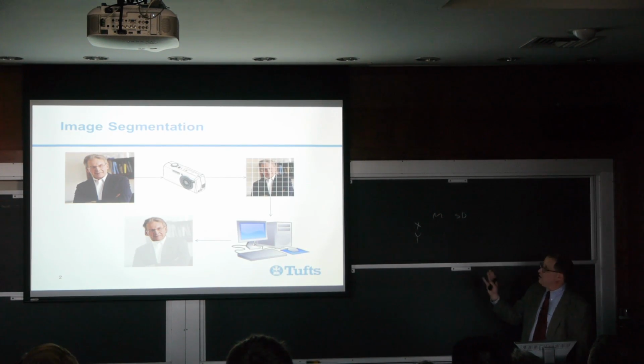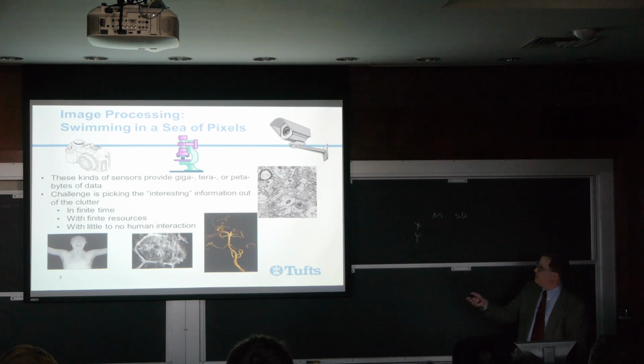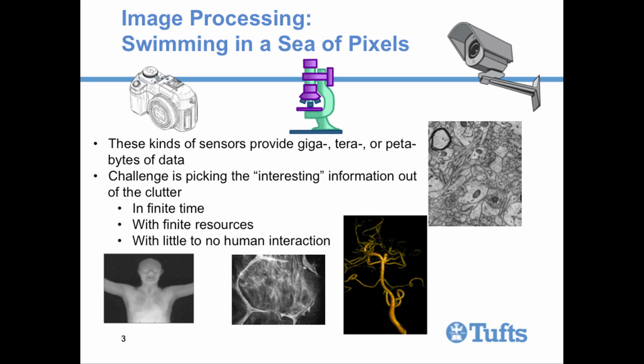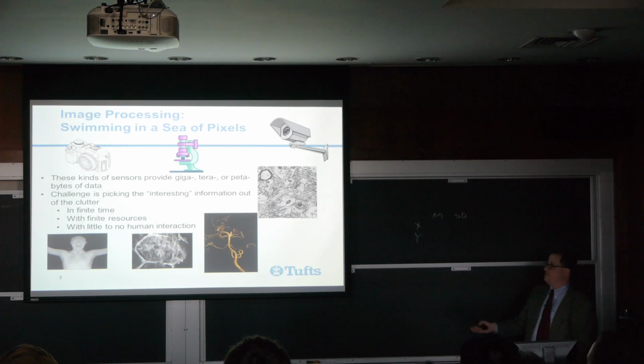This is one class of problems. You take a picture, you have a sensor that collects tons and tons of data. I think of cameras or microscopy. You could imagine video surveillance. So the general problem here is image processing, and these problems are characterized by an abundance of data.